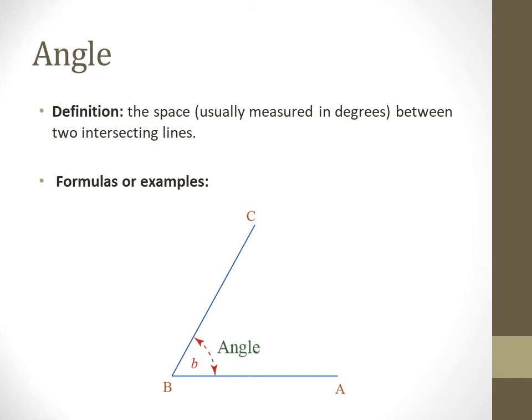Now that angle is going to be measured in degrees. A full circle has 360 degrees, as I'm sure you know, all right? So keep that in mind as we move forward here. We will look at more angles and their unique characteristics.